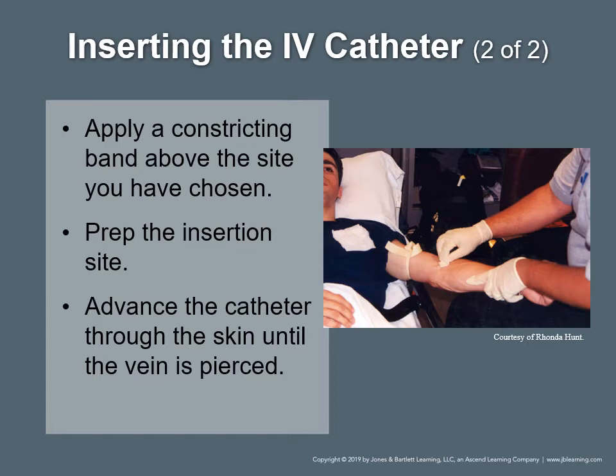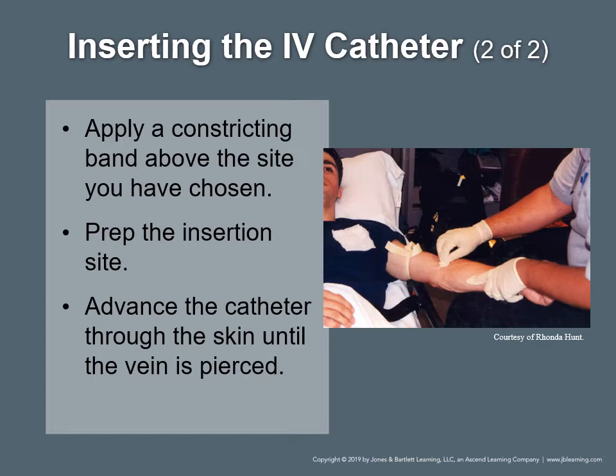There may or may not be a flash of blood in the catheter flash chamber when a vein is pierced. Slide the sheath off the needle and into the vein. Do not advance the needle too far because it can lacerate the back wall of the vein. After the catheter is fully advanced, apply pressure to the vein just proximal to the end of the indwelling catheter, remove the needle, and dispose of it in a sharps container.